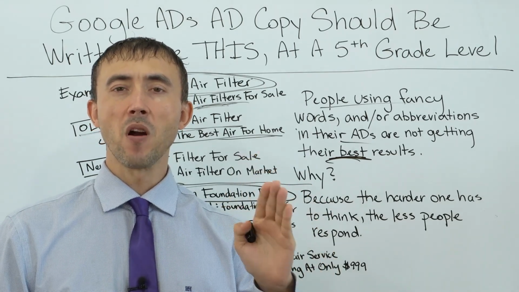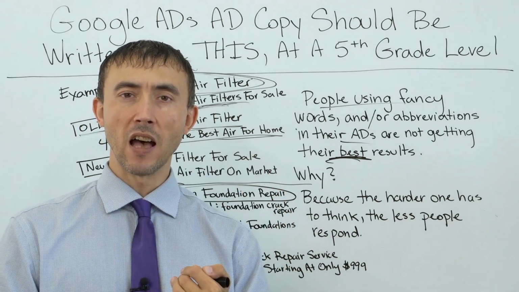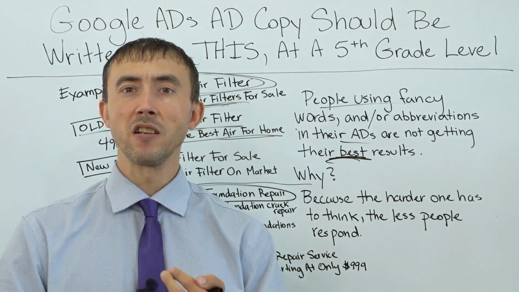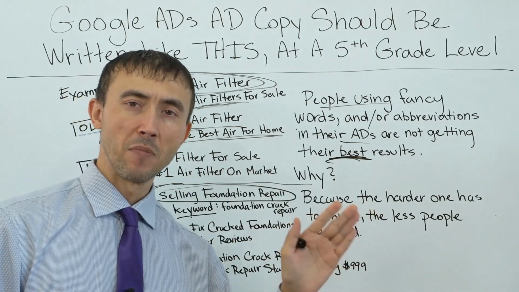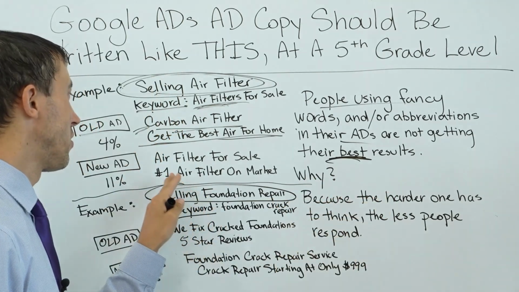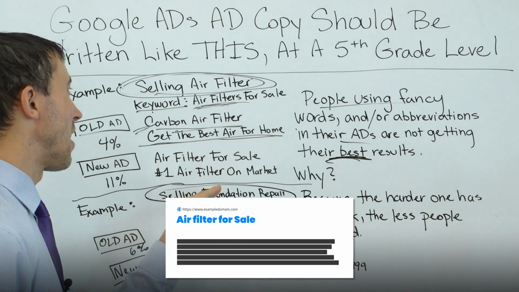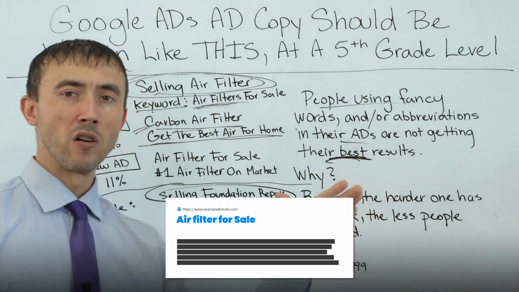However, the bigger part of the formula here is they got to know, do you do it itself and can they trust you in order to decide to click on your ad? What we did to rectify this and make a new ad that's going to get the most click-through rate for them, not just some of it, is we had an ad that said "air filter for sale." So we basically repeated back to them what it is that they were searching for.